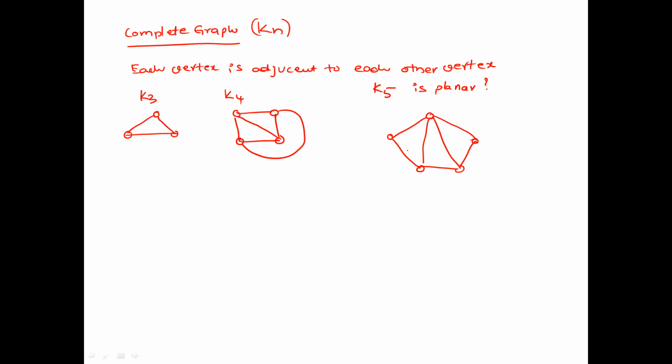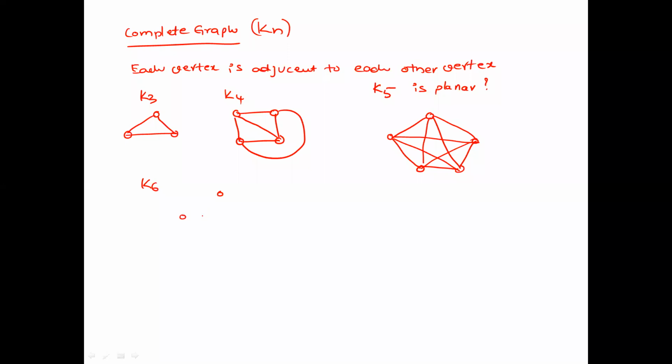Now tell me whether K5 is planar, or let me draw that. But you have to tell me whether you can draw the same graph without crossover. This is K5. The point here is, is it planar or not? Can you draw the same graph without crossovering of edges? Similarly, K6.